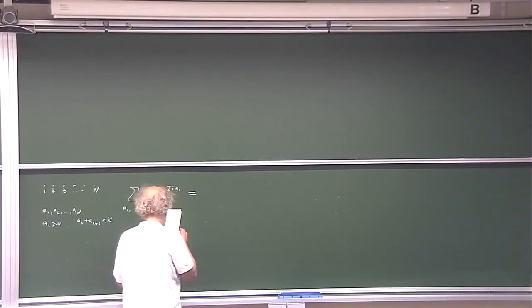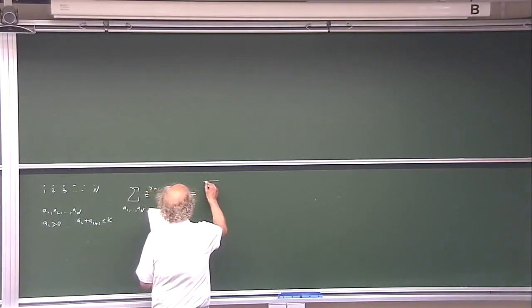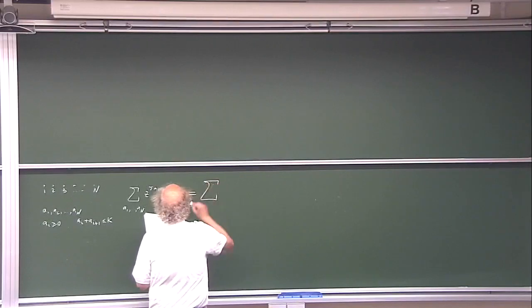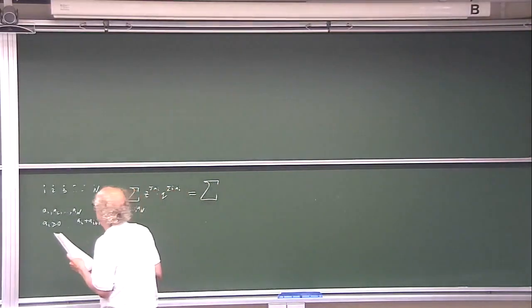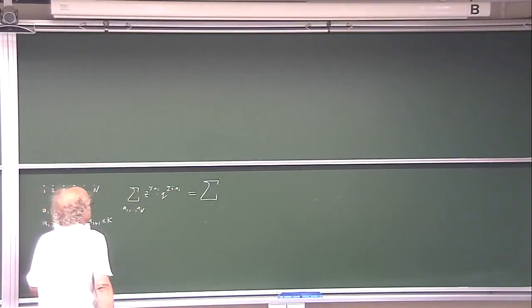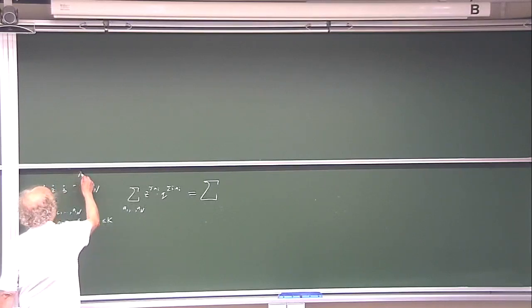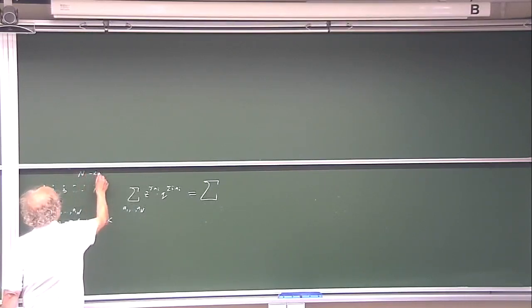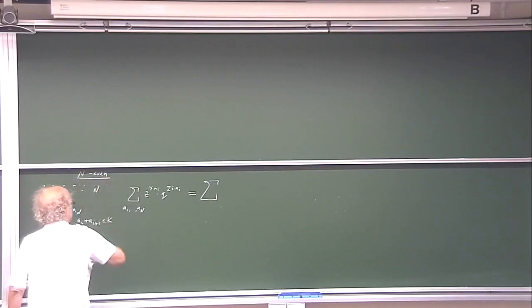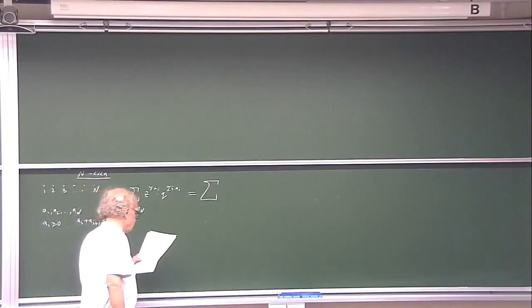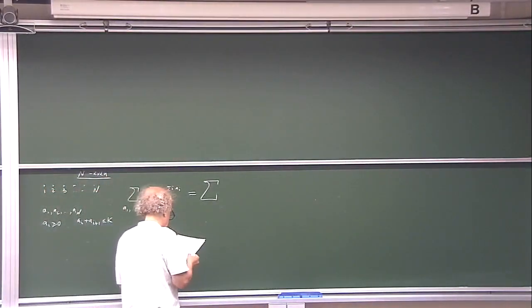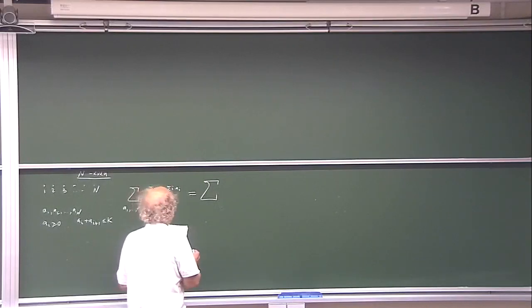It is a summation. But first of all, let me say that because of some reason, combinatorial and geometric also, for the formulas let us think that n is even. Otherwise, the formula is similar but slightly more complicated.